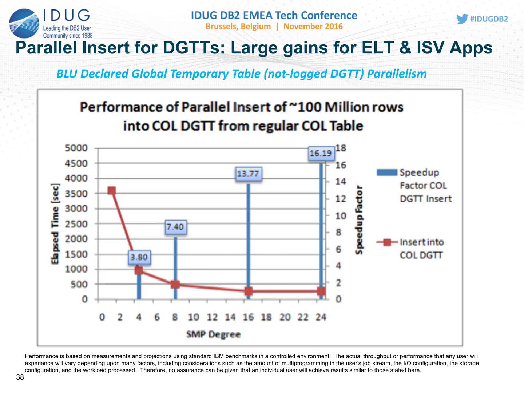This is the elapsed time, for example, with SMP parallelism degree 4, and we see the elapsed time is about 3.8 times faster. With parallelism degree 8, the elapsed time is about 7.4 times faster than no parallelism, and so on. So very substantial performance gains. And we hope to have the same parallelization soon also for permanent blue tables, for regular column organized tables.